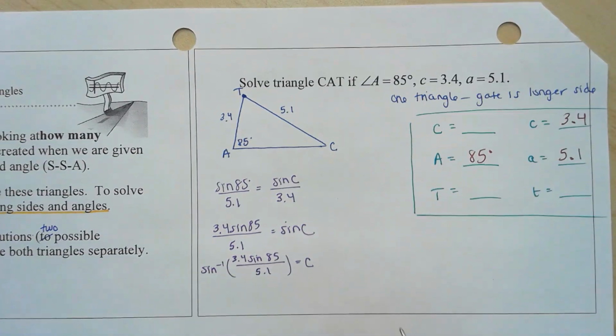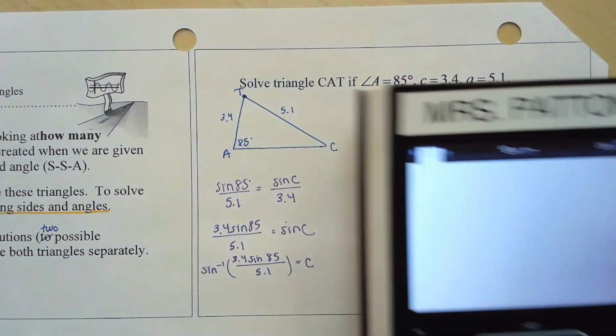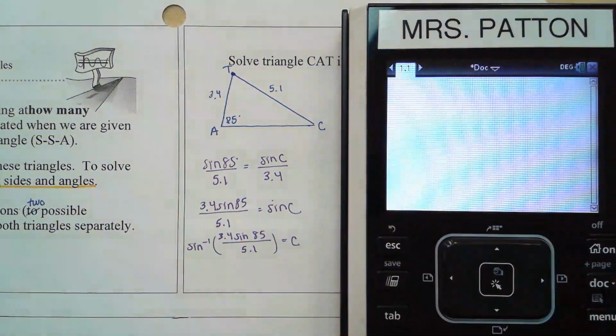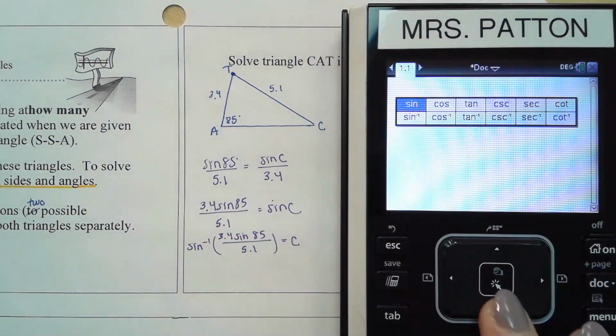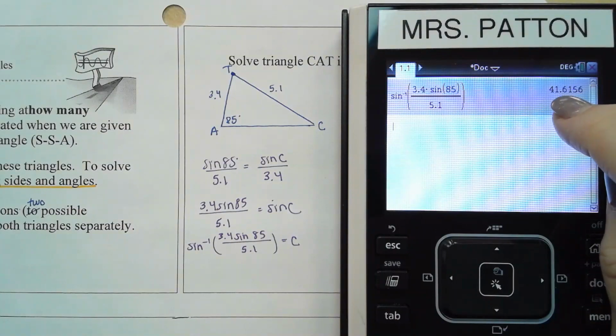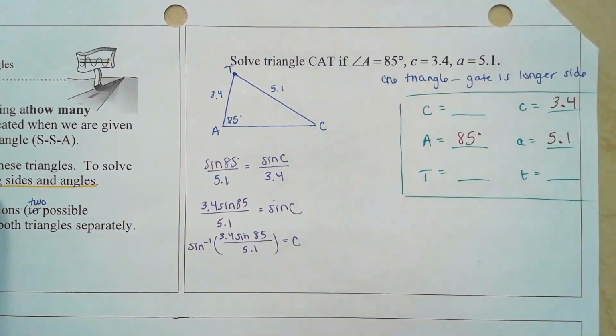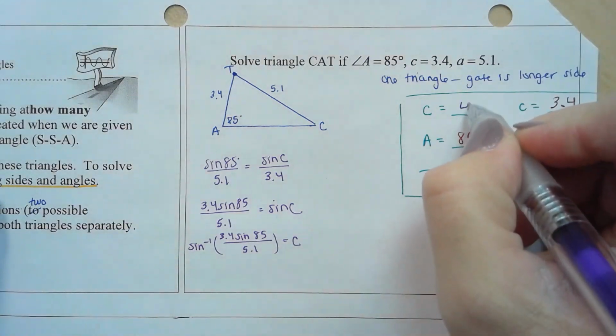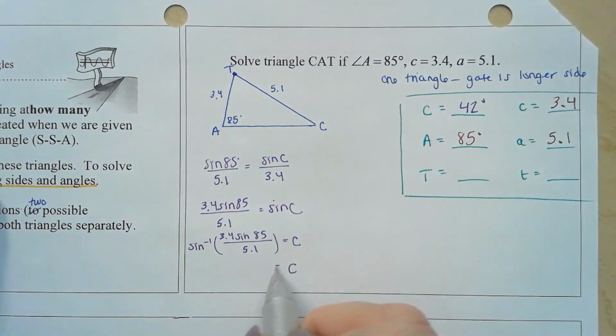So again, I decided to do all the work before I grabbed my calculator. That's my choice. It's easier on me. So I'm in degrees. I've got my inverse sine of my fraction. And let's round to the nearest whole number for angles today. So let's call that 42 degrees. So angle C is 42 degrees.